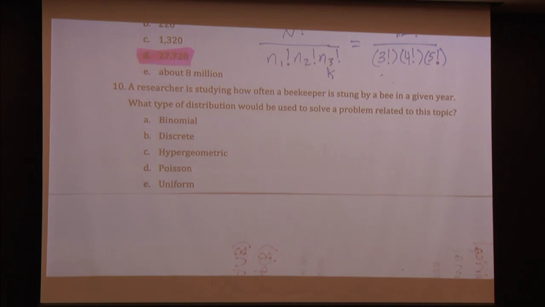So now we're going to jump into the different distributions with discrete and continuous variables. We're going to move out of probability, which might be a relief to some of you.